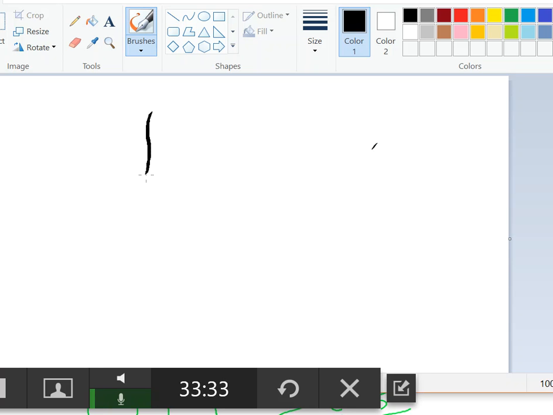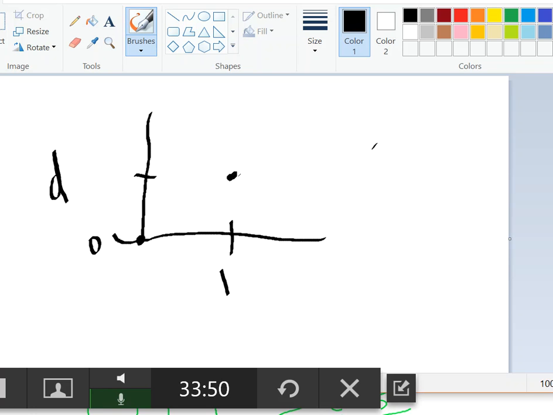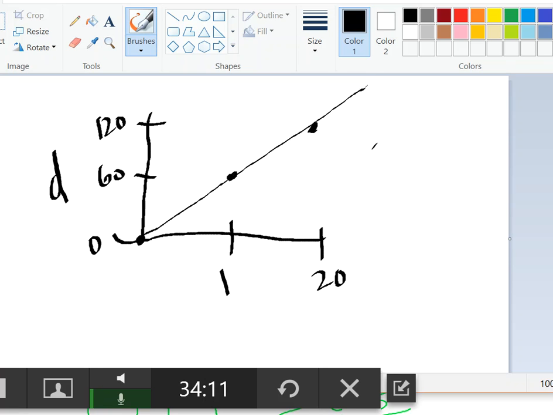Okay, so the easiest way to construct this graph is to start the car at distance 0 miles, and after 1 hour it's going to go to distance 60 miles, and after 2 hours it will go another 60 miles, or to distance 120. And then whenever you create 2 points, you have made a line. And so what you see is a line with a positive slope. And that is how I came to answer question number 26.